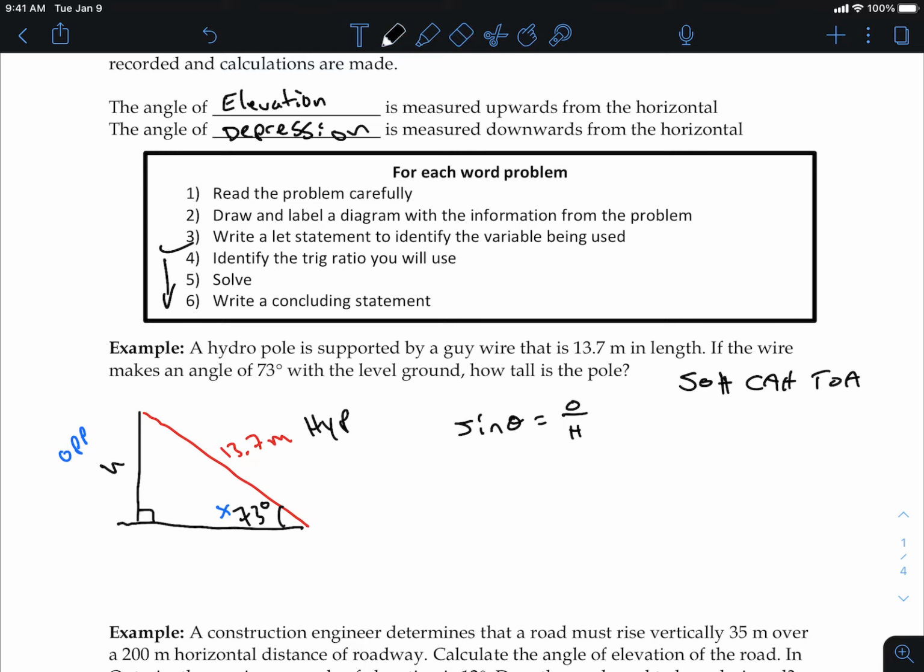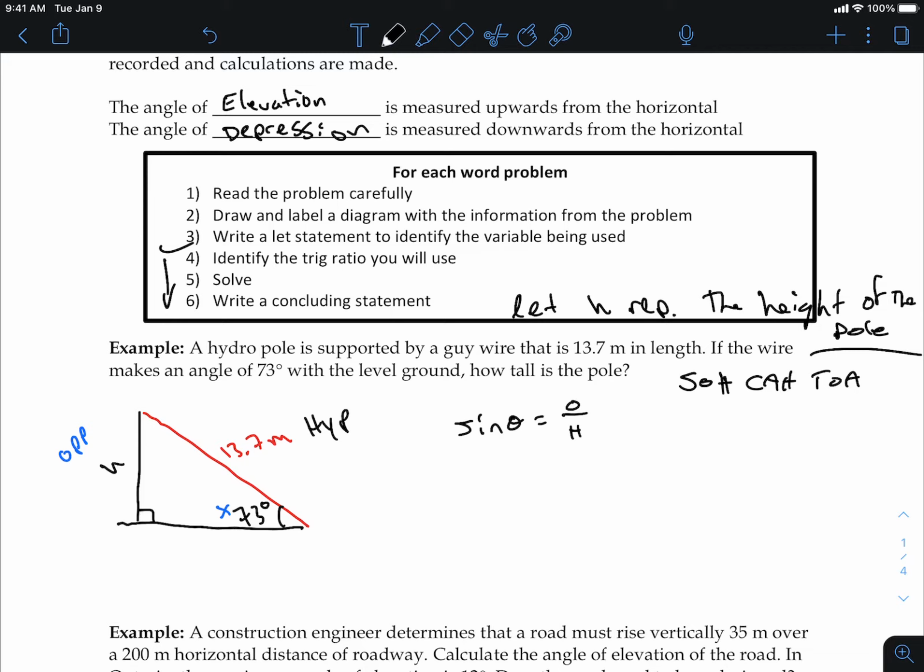In our let statement, we said let H represent the height of the pole. Then that actually has meaning when I solve for h. That's all the let statement is doing for you.